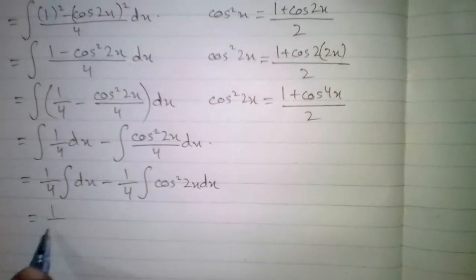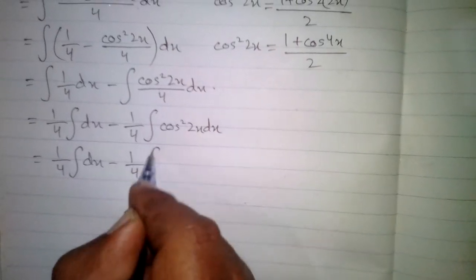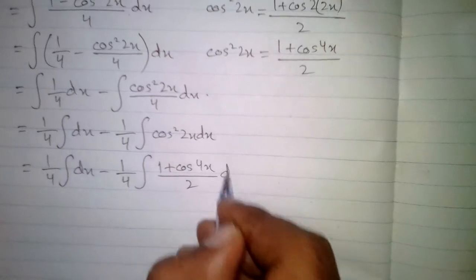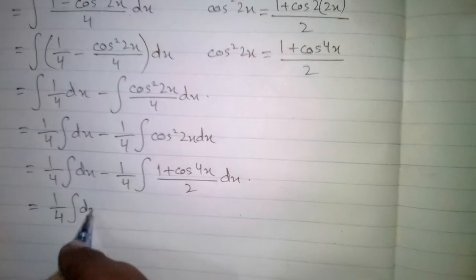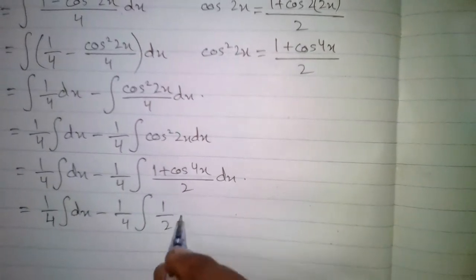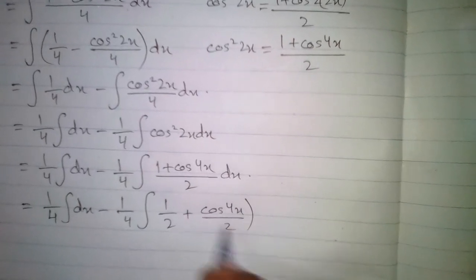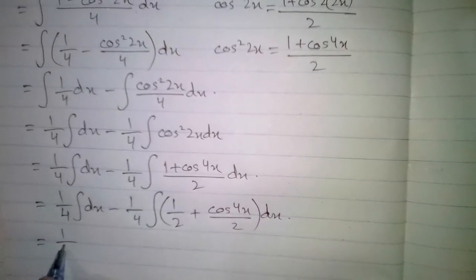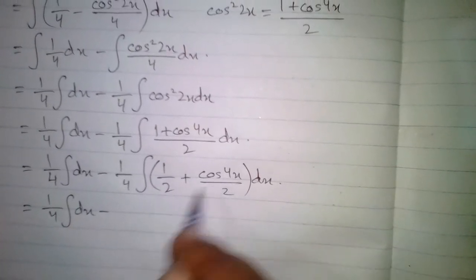So we have 1 upon 4 integral of dx minus 1 upon 4 integral of (1 plus cos 4x) upon 2 dx. Now we will break this fraction into two fractions. So we have 1 upon 2 plus cos 4x upon 2 dx. Now we will apply this integral on both of these fractions.